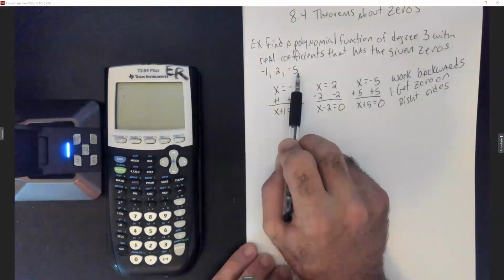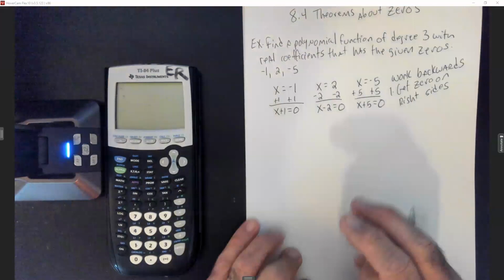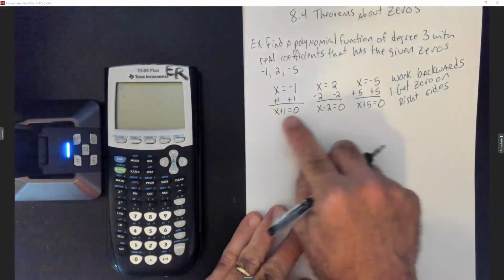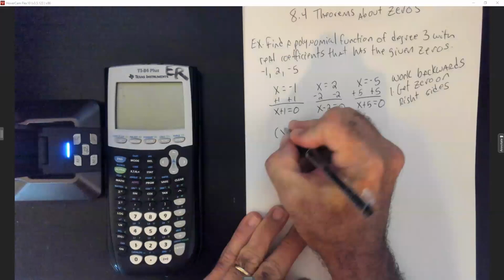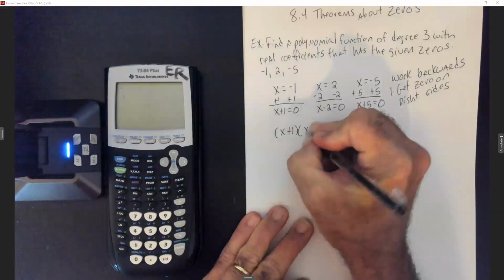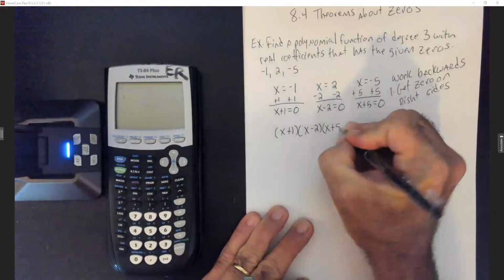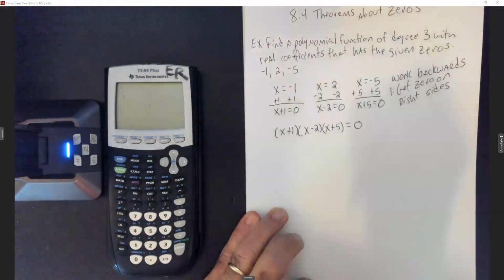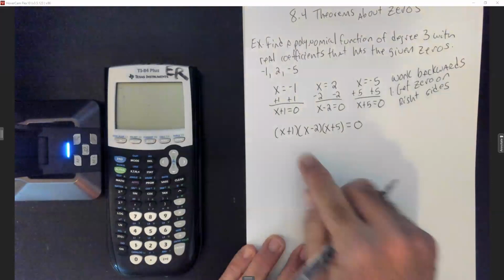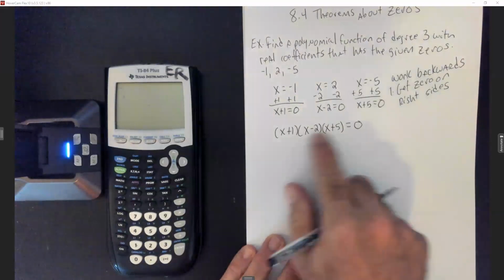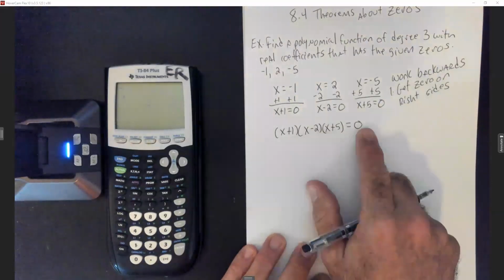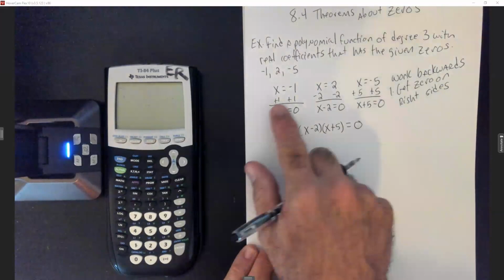So now, I would take all three of these and put them together in parentheses and set all of that equal to 0. So right before we would have factored it, we got 3 parentheses equal to 0. Then we set them each to 0 to go back to get these answers.